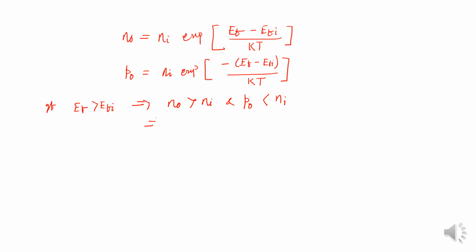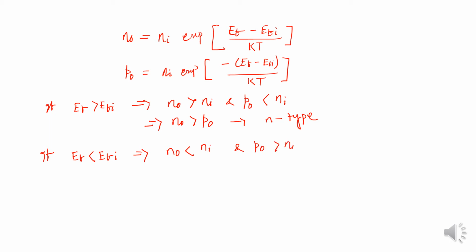So we can write here that the concentration of electrons will be greater than the concentration of holes in this case. So we will say the semiconductor is N-type. If I take EF less than EFI, so the new Fermi energy level is below the intrinsic Fermi energy level, then from the equation above, N0 will be less than Ni and P0 will be greater than Ni.